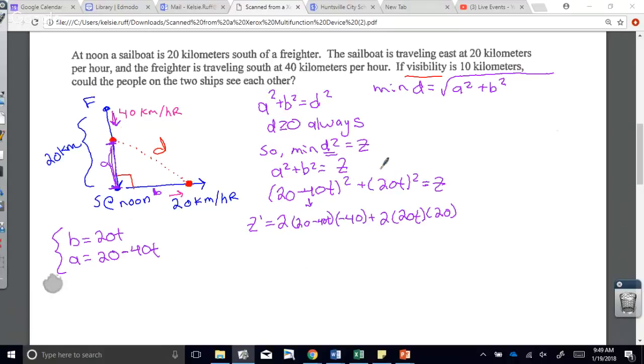And if we clean that up, if we go ahead and multiply it out, z prime is going to equal negative 80 times 20 minus 40t plus 40 times 20t.